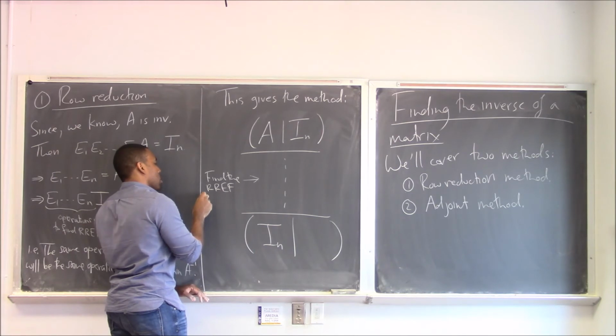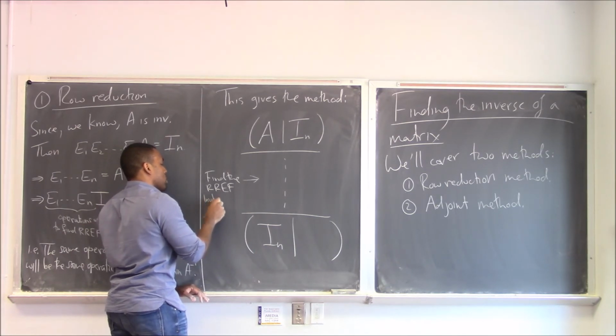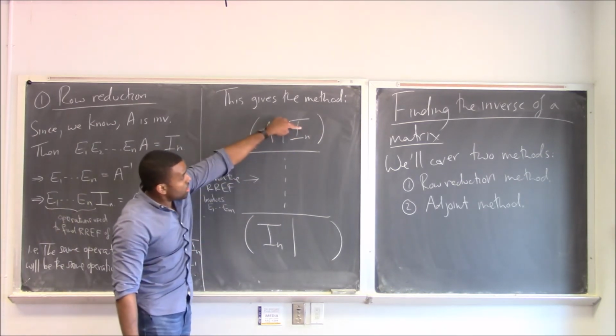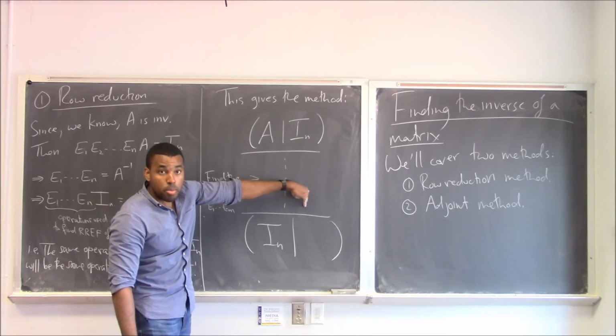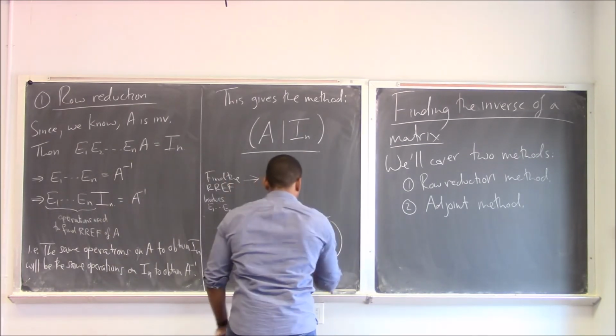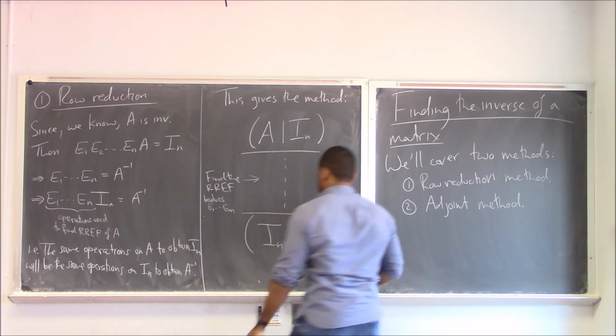So it's going to involve a bunch of row operations, E1 through En. But if I start out with the identity and do exactly the same operations, what does that end up being? A inverse.